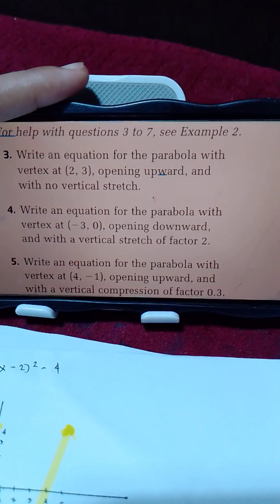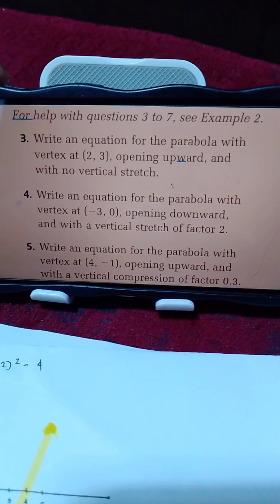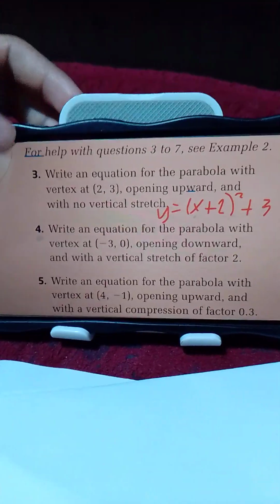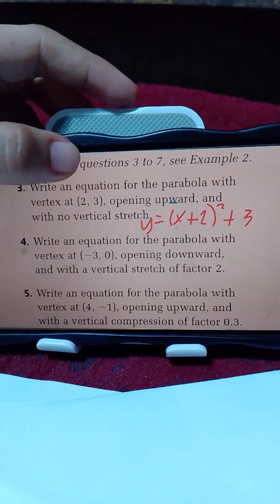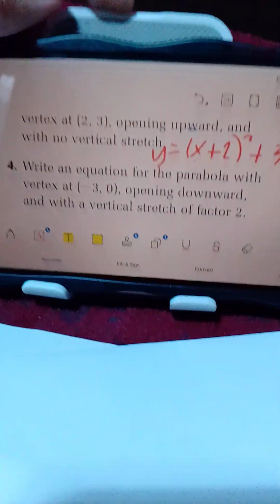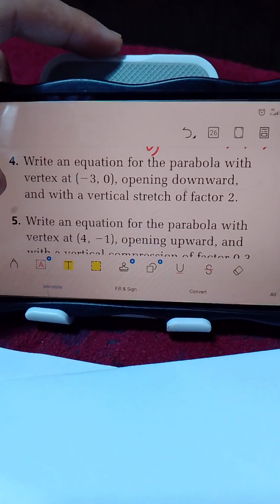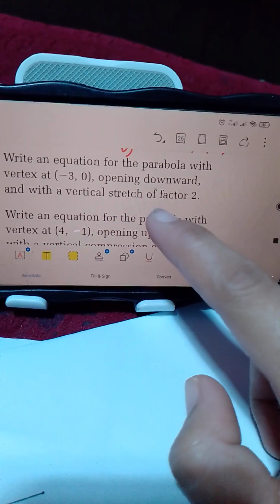Let's proceed to write an equation for the parabola with a given vertex. For number 3, we have y equals (x plus 2) squared plus 3. It opens upward with no vertical stretches. For number 4, it's a vertical stretch of factor 2.